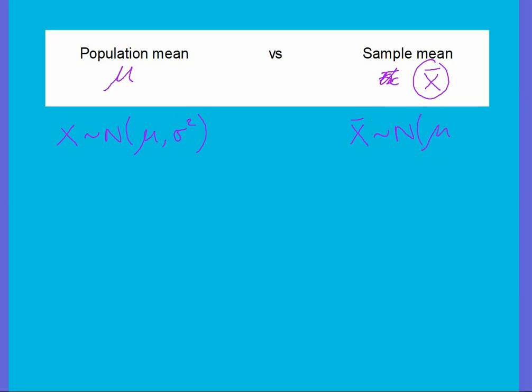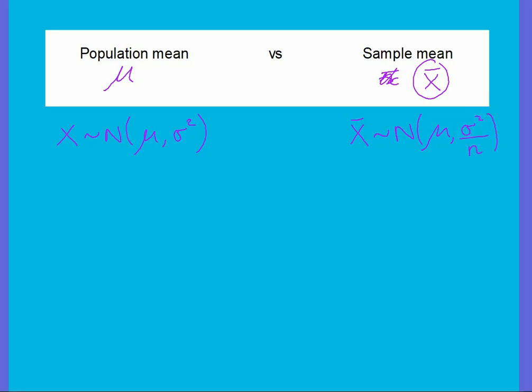And we're expecting the means to be the same, but it's the variance that is going to change. It's going to get less, because we're going to average it out for the size of the sample, which means if we have any extreme values in this sample, it's going to have less effect because it's being averaged out.